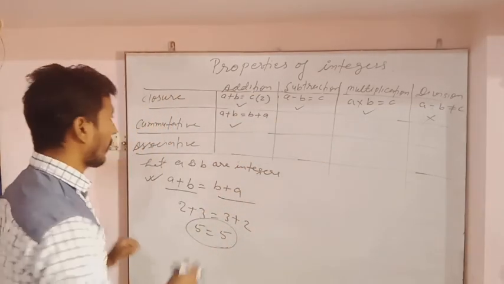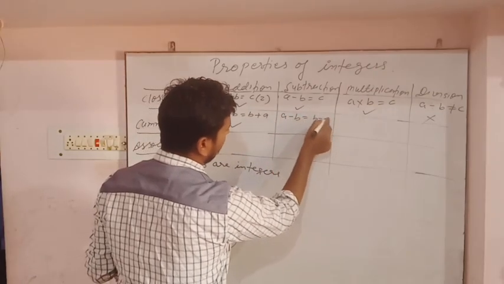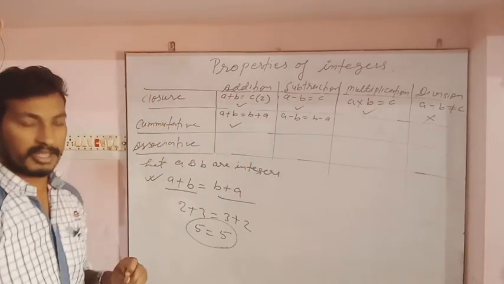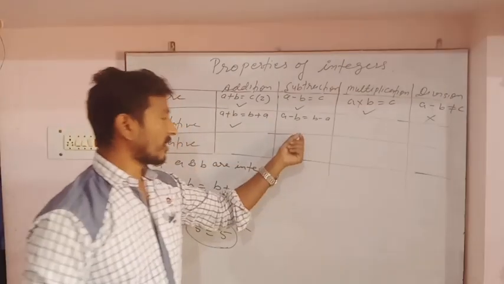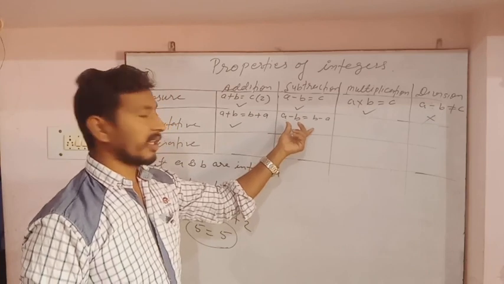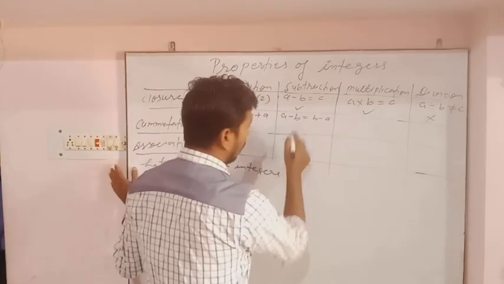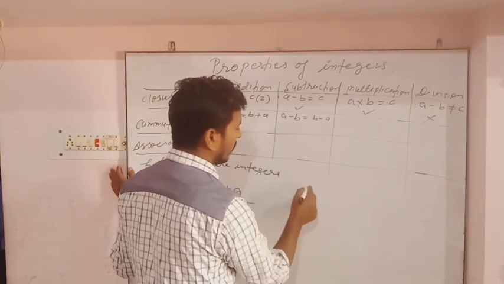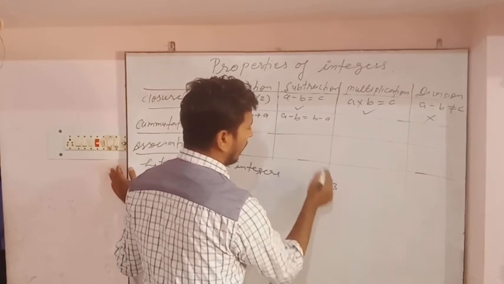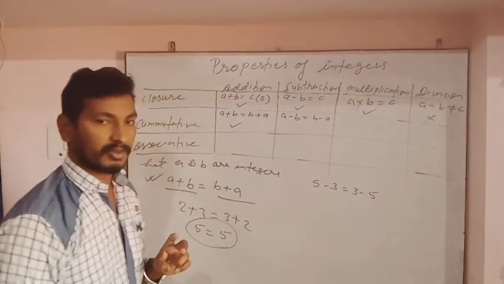Now subtraction. It would say that a minus b is equal to b minus a. Let's check whether this property holds or not. Again we take two integers like 5 and 3, and then reverse, 3 minus 5.